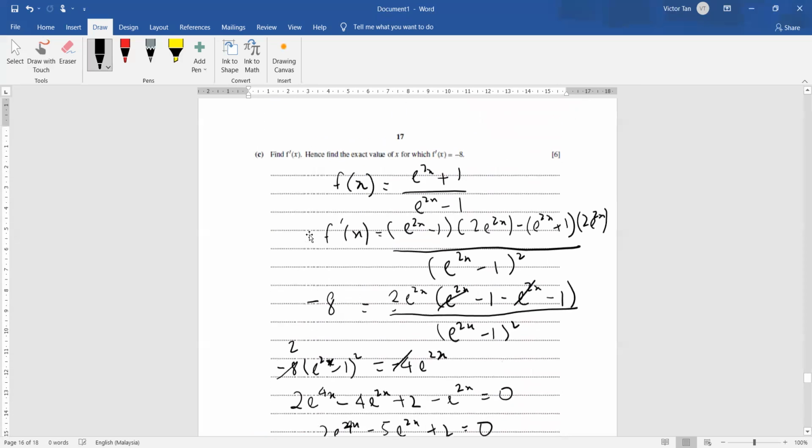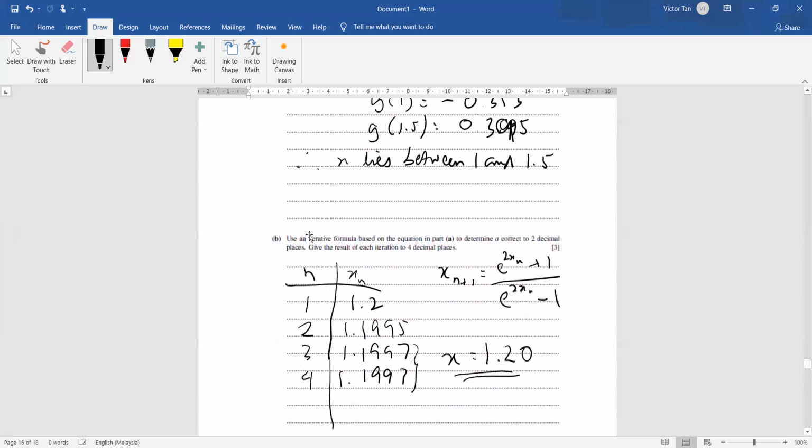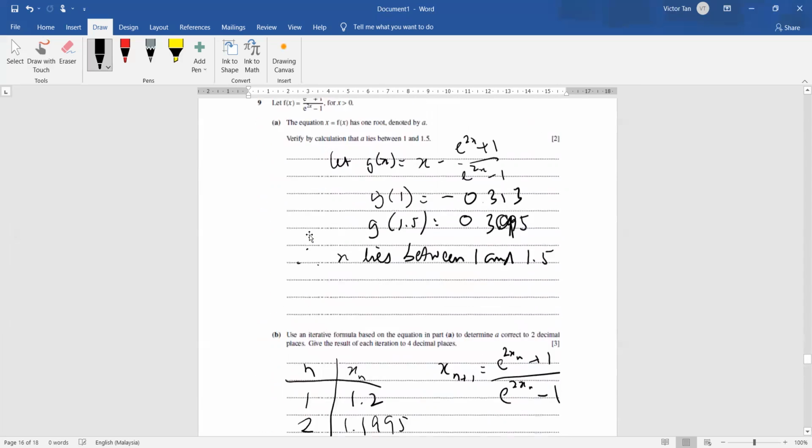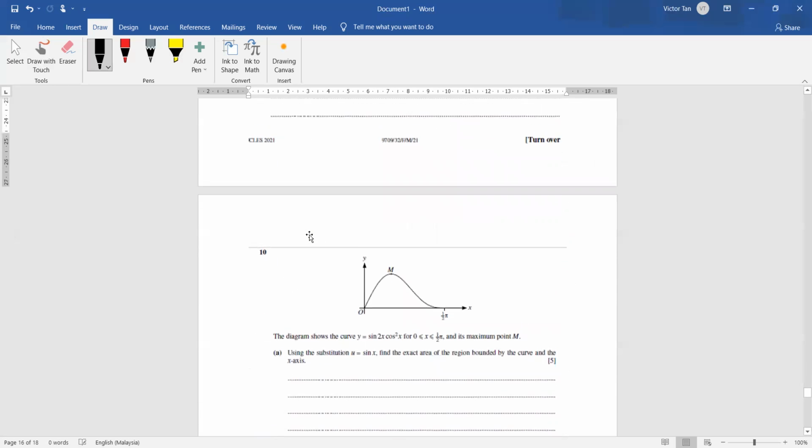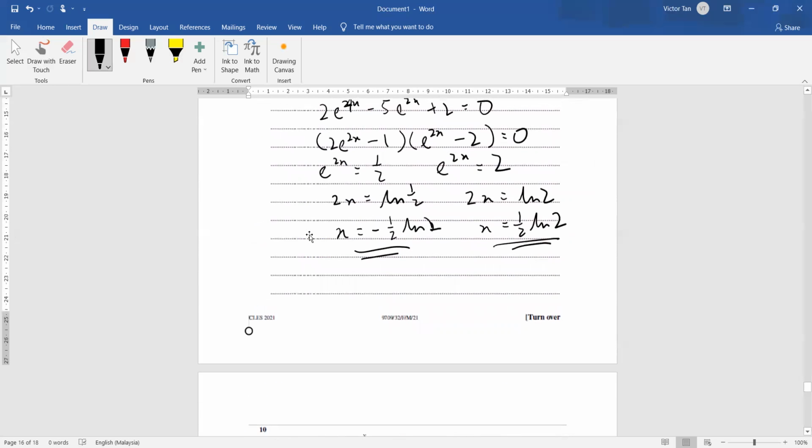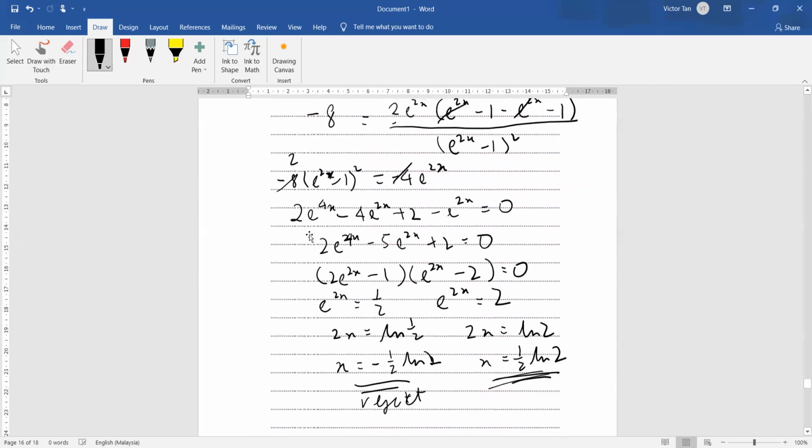Let me see if there's two solutions. You have to see that the value of x is a positive value. So this is not the solution. You reject this solution, because it is a negative value. So this is the solution.